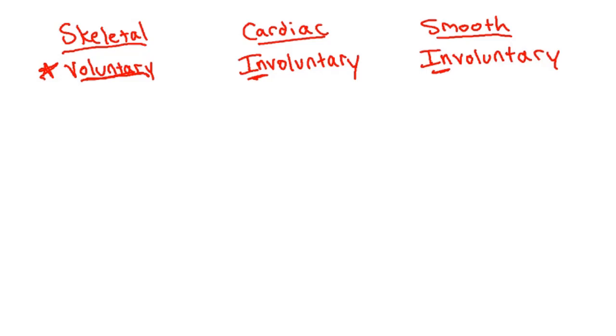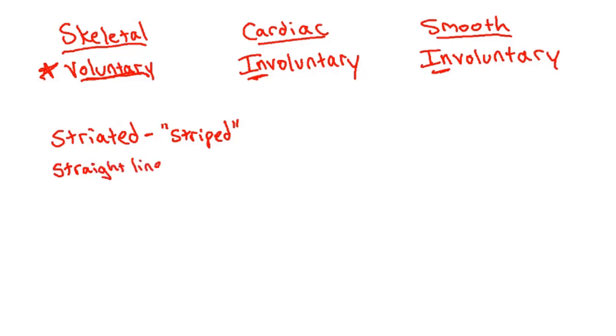Now also what you need to know about these muscle tissue types is the skeletal muscle cells are striated if you look at them with a microscope, and that just means they're striped. They have literal stripes on them. You can see them with a microscope. They're in straight lines, formed together, like ribbed.